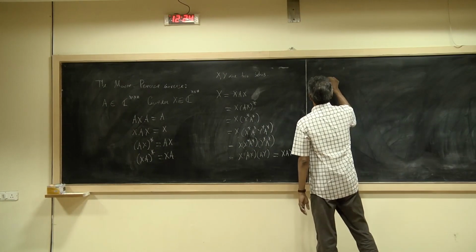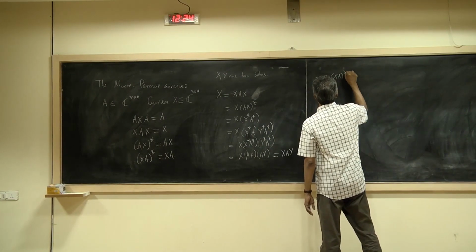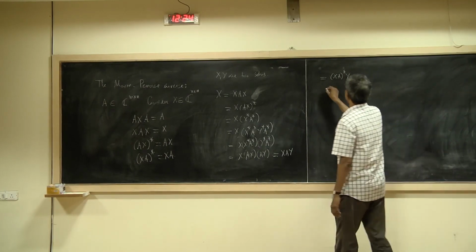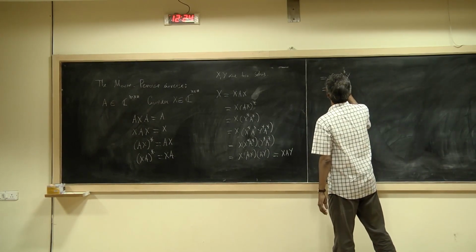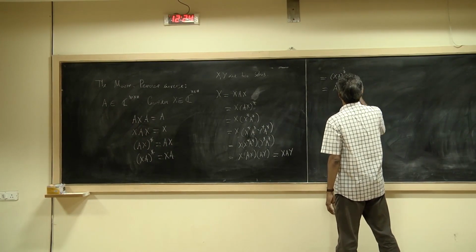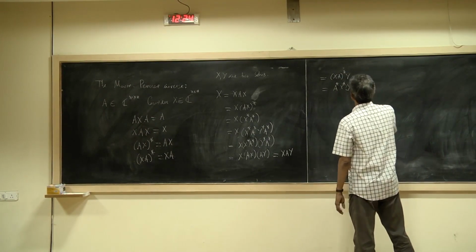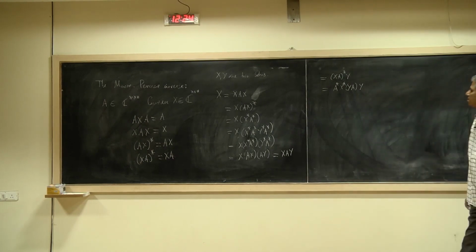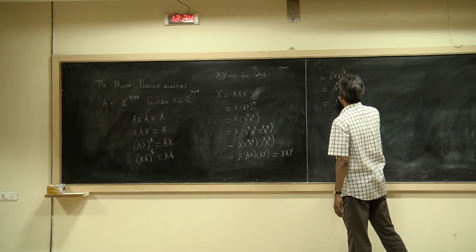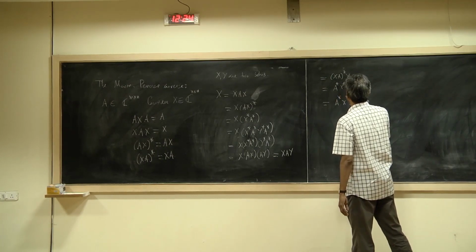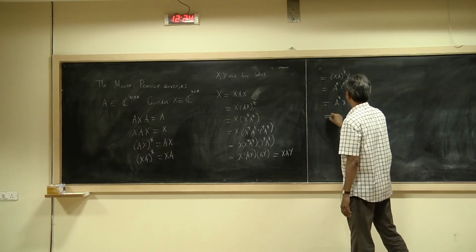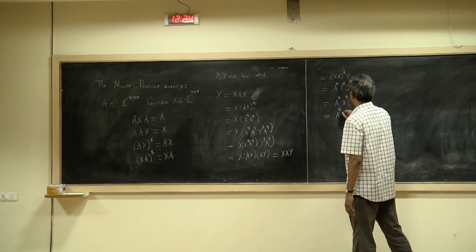From this, you write (XA) whole star Y, and then this is A star X star. For Y, you write YAY. This is A star X star (YA) star Y. This is A star X star.